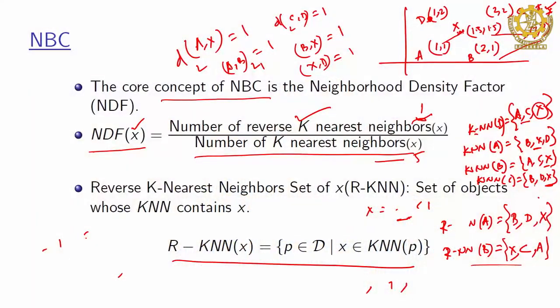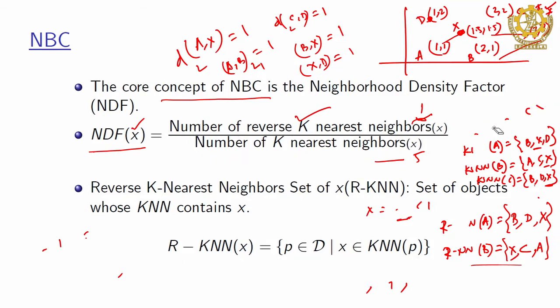Let us say here in this example, this point is surrounded by many points. What is its reverse k nearest neighbor value? It is 4, but for the other points the reverse k nearest neighbor value is 3. Once we understand this part, the NDF value, we will move to the next part, which is much easier.